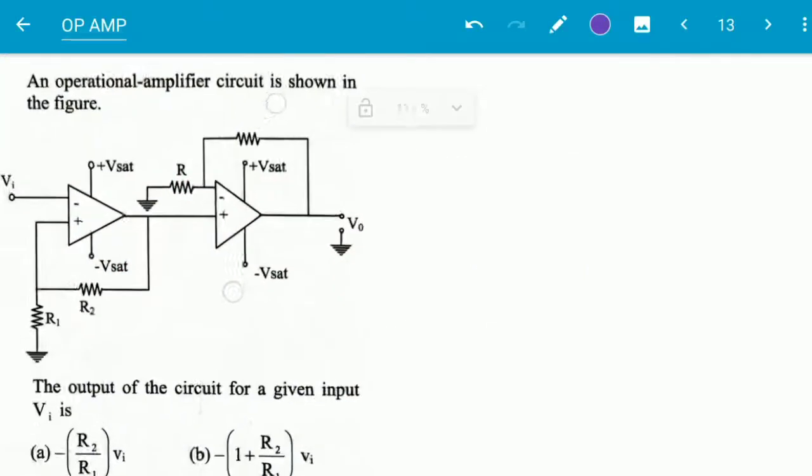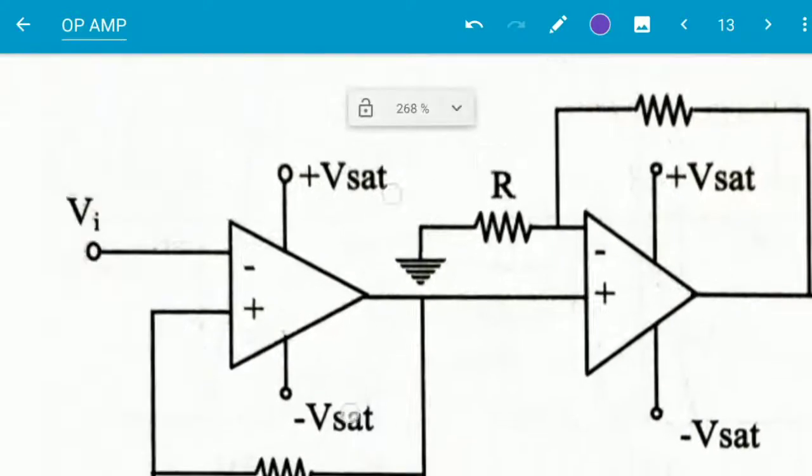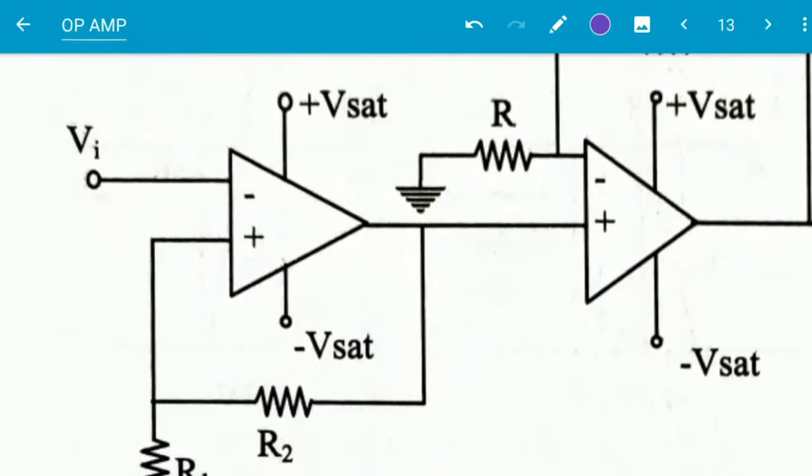Here the first op amp is positive feedback. That means feedback is given to the non-inverting terminal. This is the feedback, and this is given to the non-inverting terminal.